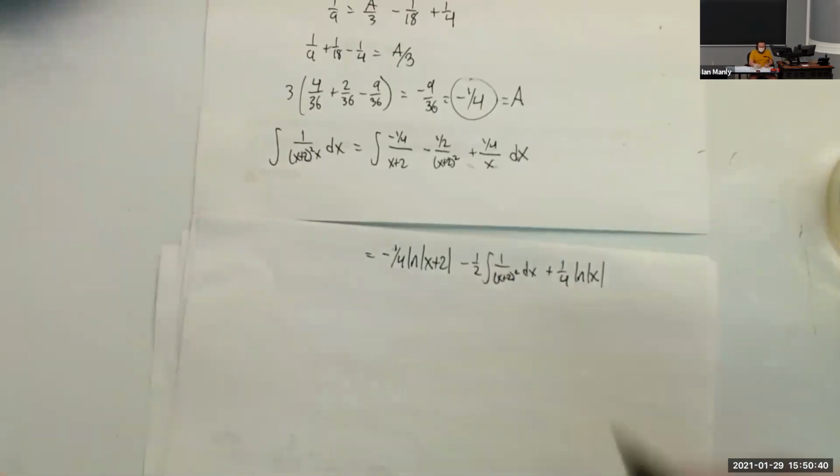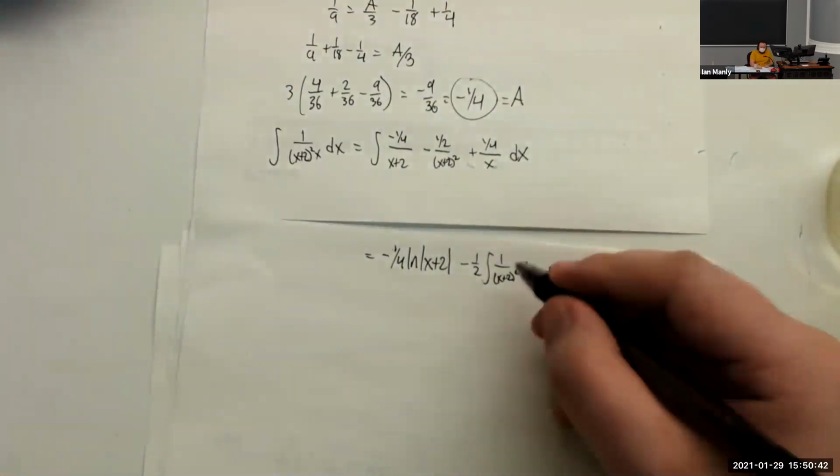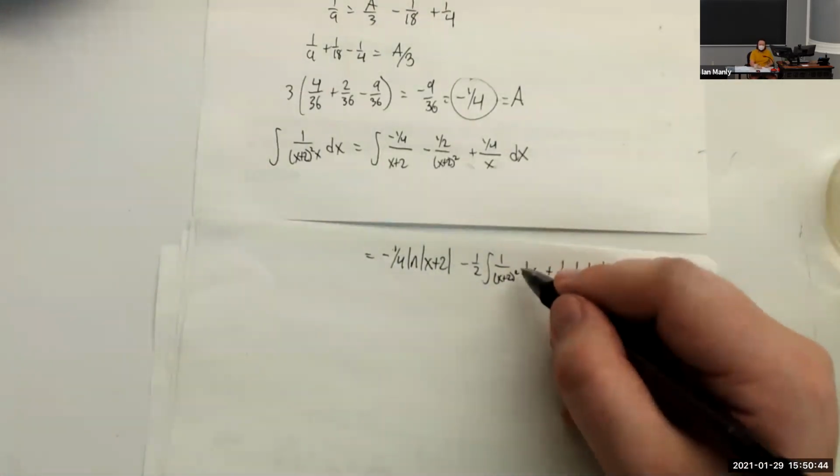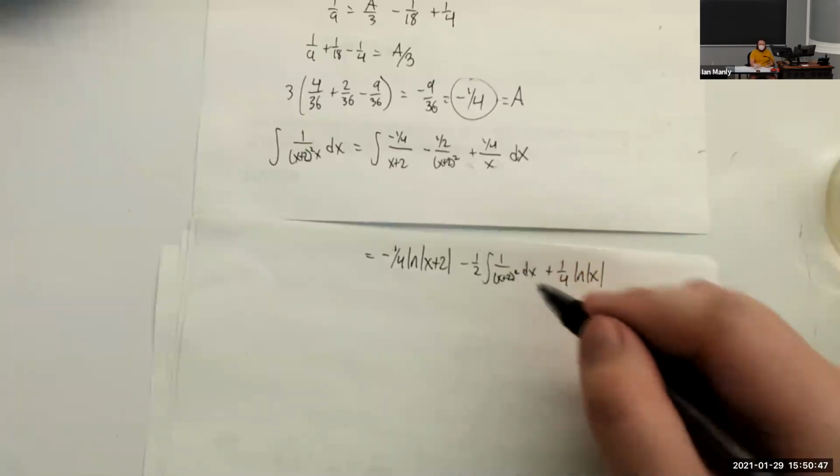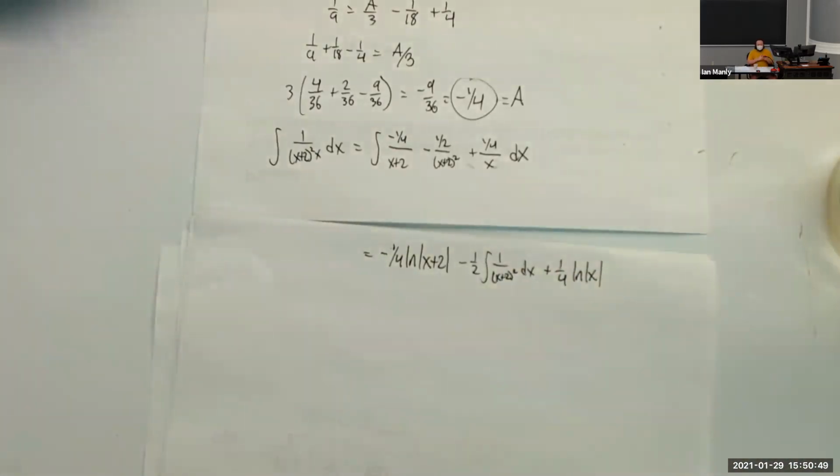All right, so now we need to do this integral right here. So we have 1 over x plus 2 quantity squared. Whenever you have x plus or minus a number raised to a power and you want to integrate it, you could treat the whole thing as if it were one variable.